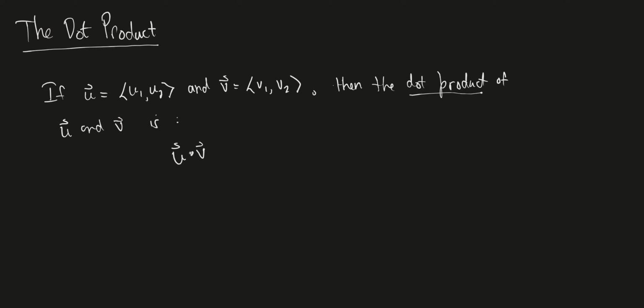It looks like the dot that you would use when you're multiplying two numbers or two scalars, but now we definitely know that these are two vectors, and this is how it's defined.